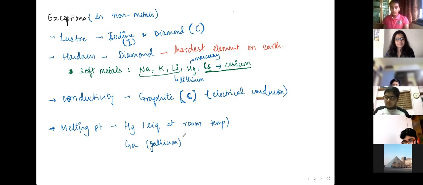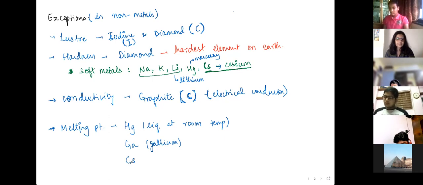Gallium is weird in that its melting point is near 30 degrees Celsius, like 31 or 33 or something like that. During summers, or if you put it in your hand, it'll start melting. But if you leave it alone, and the room temperature is below 30, like in winters or in a really cold country, then it's going to be solid. But it is one of the low melting metals.